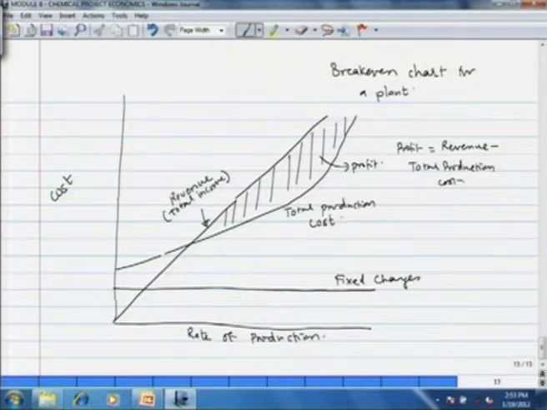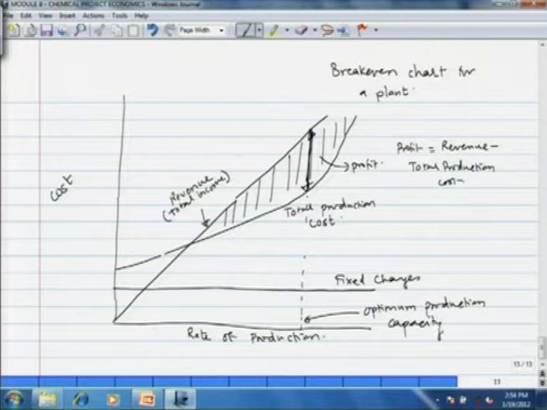And you can see that at a particular production rate, the profit is maximum. So this is the optimum production capacity at which the gross profit is at its maximum.